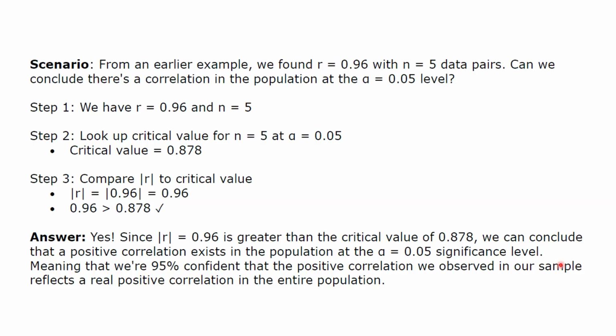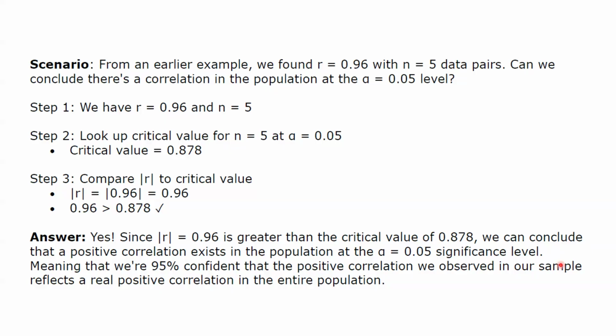So if we look up a critical value for n equaling 5 at alpha equaling 0.05, we find that our critical value is 0.878. So we would then compare, in step 3, these two values. The absolute value of R is 0.96, and is 0.96 greater than 0.878? Yes, it is.